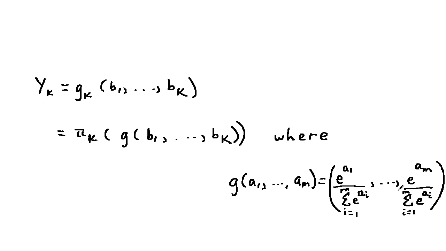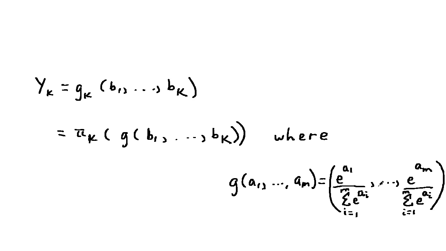For a k-class classification problem, the output unit activation function g sub k is typically chosen to be the kth projection of the softmax function, so that y sub k equals g sub k of b1 through bk, given by pi sub k of g of b1 through bk, where g of a1 through am is equal to this.